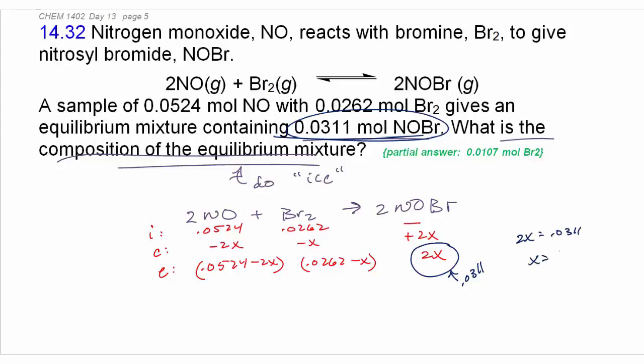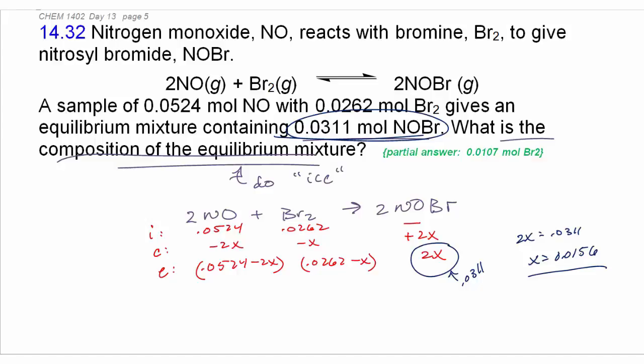What's my X? 0.0156. It depends on how many digits you want to carry there, but somewhere around 0.0156 would be my X. So using that number for X, just get your answers.